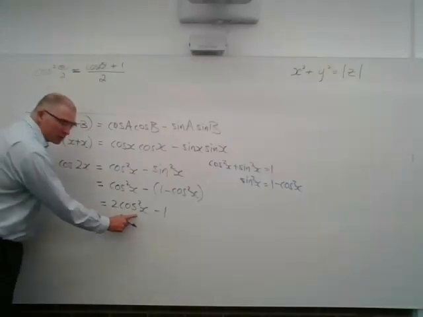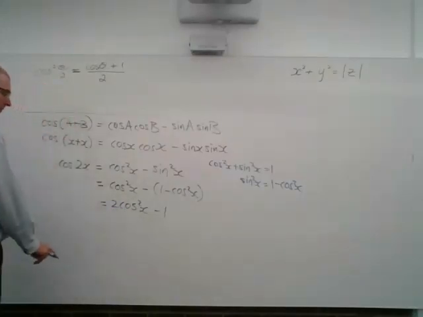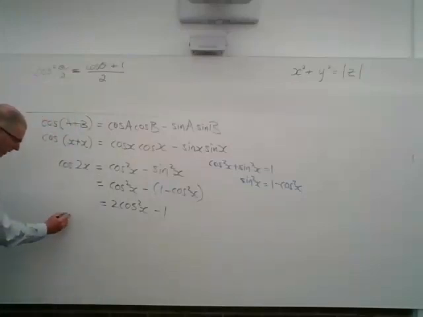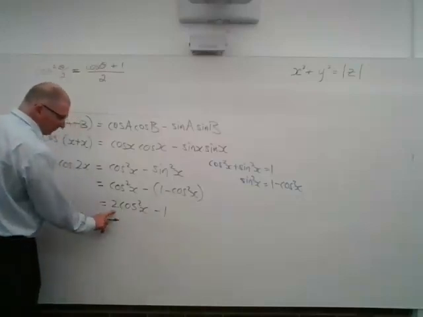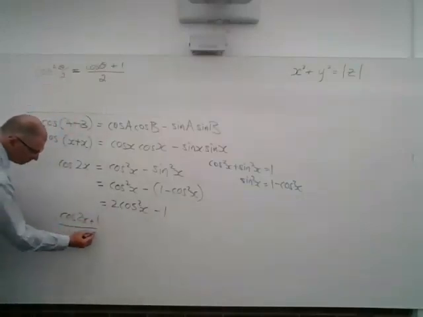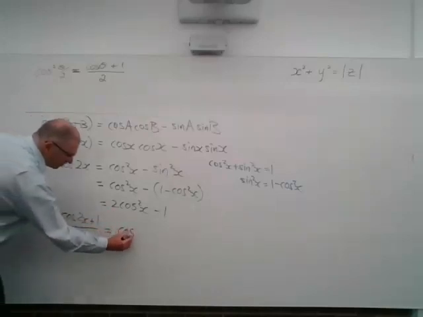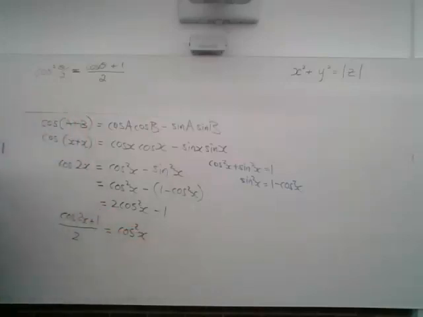Now I want to get cos squared x by itself here. So if I add 1 onto both sides, that gets rid of that minus 1. And then if I divide by 2, I'm left just with cos squared x.